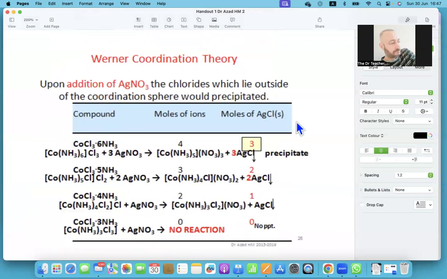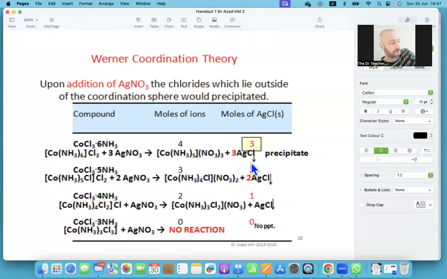Upon addition of silver nitrate, as we explained before, you add 3 silver nitrate to the cobalt chloride. That will end up with cobalt 5 NH3 inside and outside 3 nitrate.